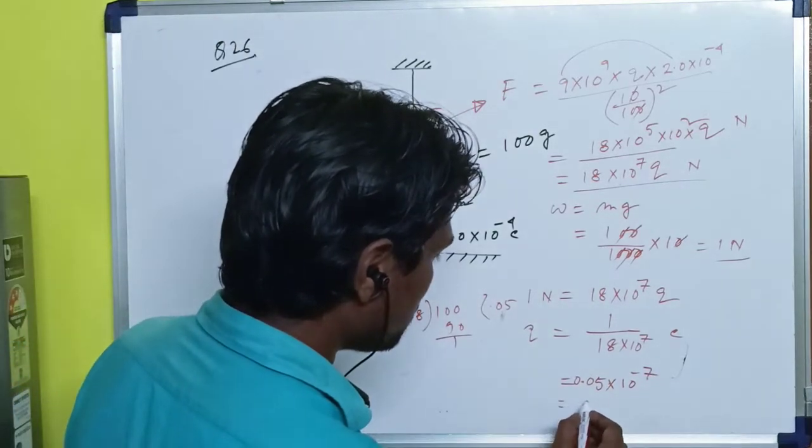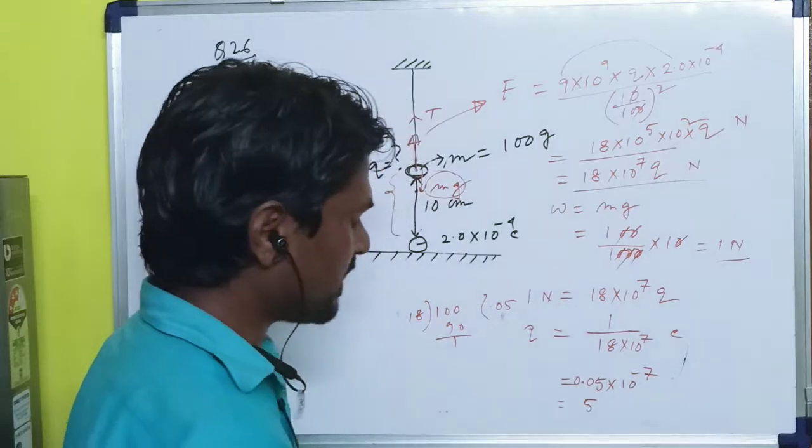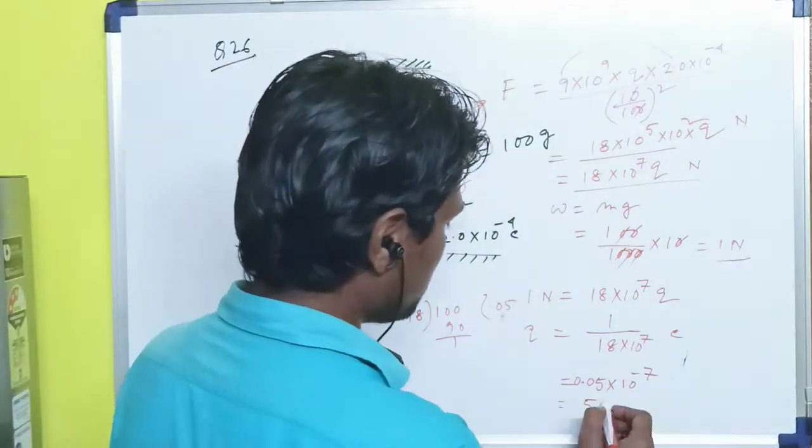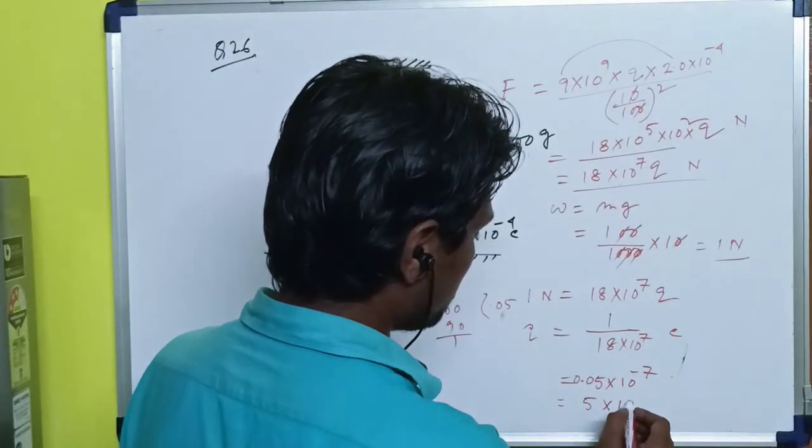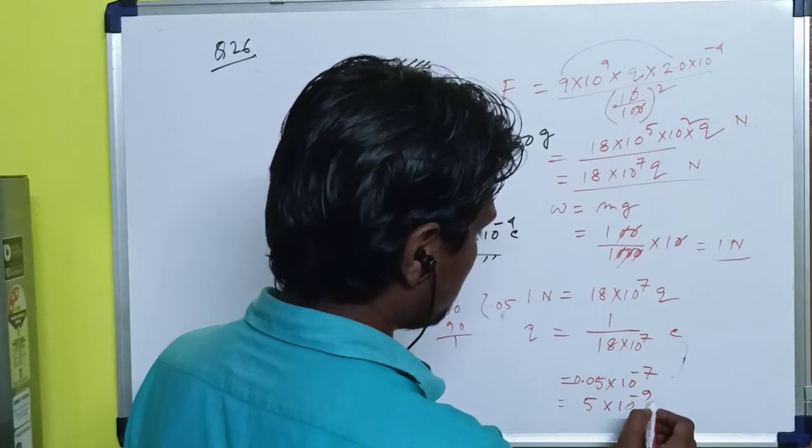If we take this as 5, then 10 to the power minus 9.